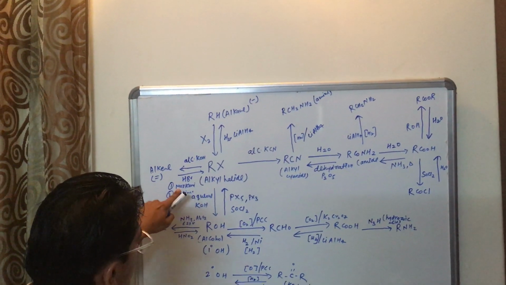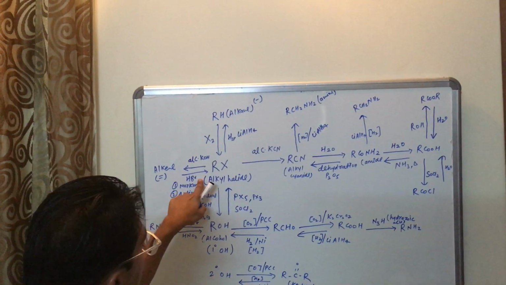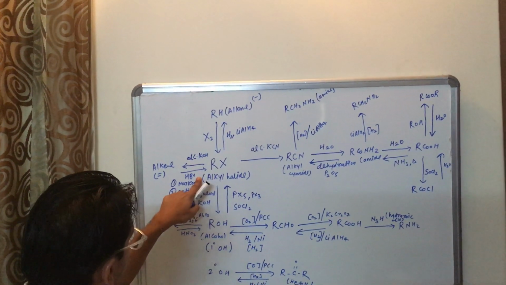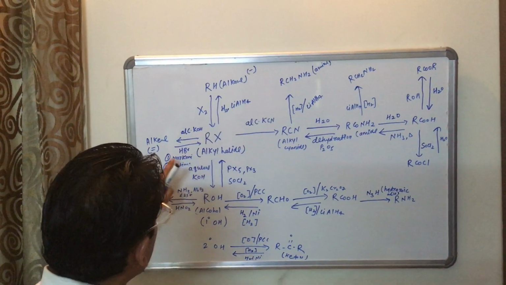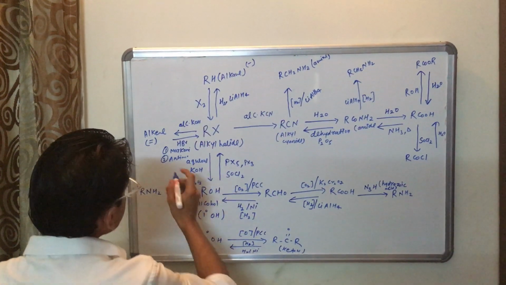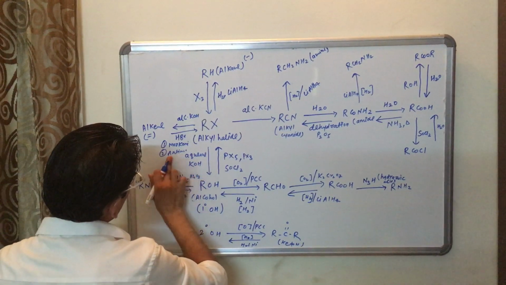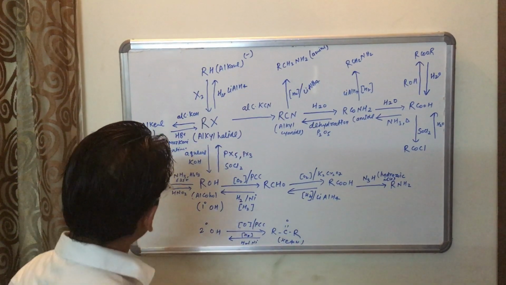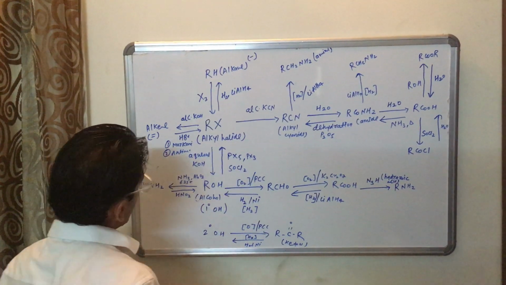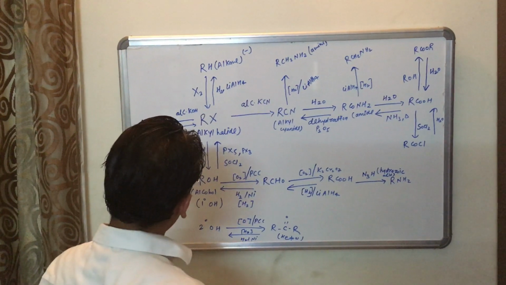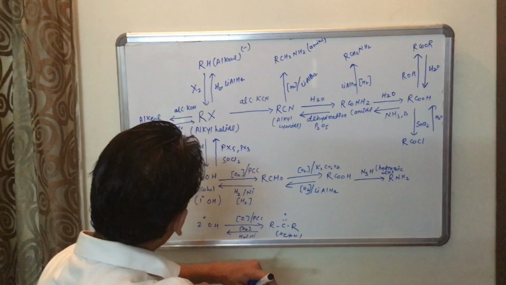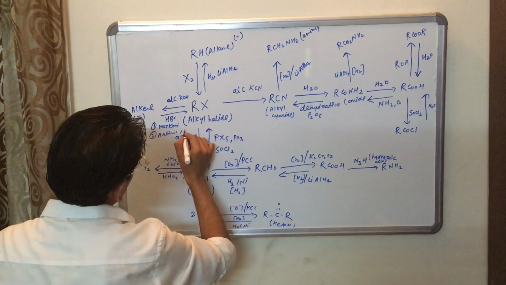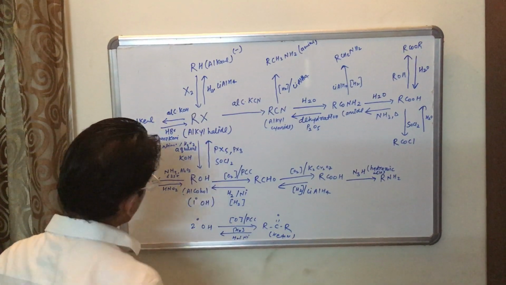As per Markovnikov, the negative part adds to the carbon of the double bond that has the least number of hydrogen atoms. For anti-Markovnikov, if I want to add the negative part to the carbon of the double bond having the higher number of hydrogen atoms, then I have to add H2O2, peroxide, okay.